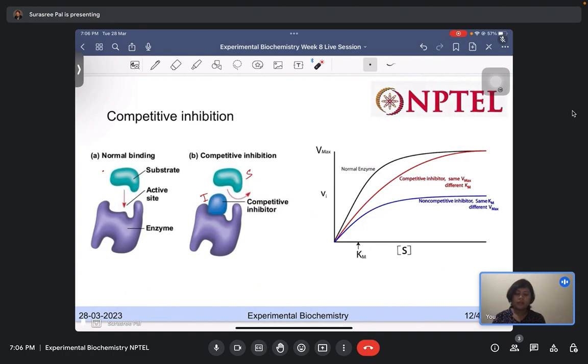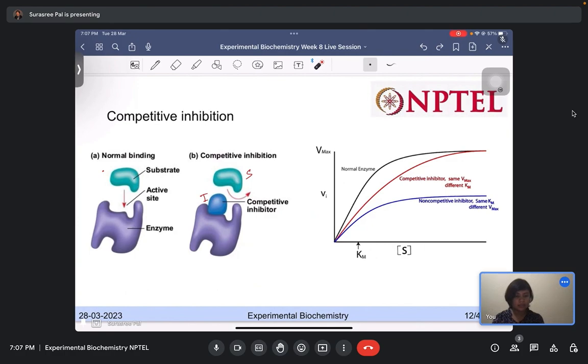When there is an inhibitor, since the inhibitor is binding to the active site of the enzyme, the enzyme now has less affinity for the substrate. So the Km value of the enzyme increases in presence of a competitive inhibitor.